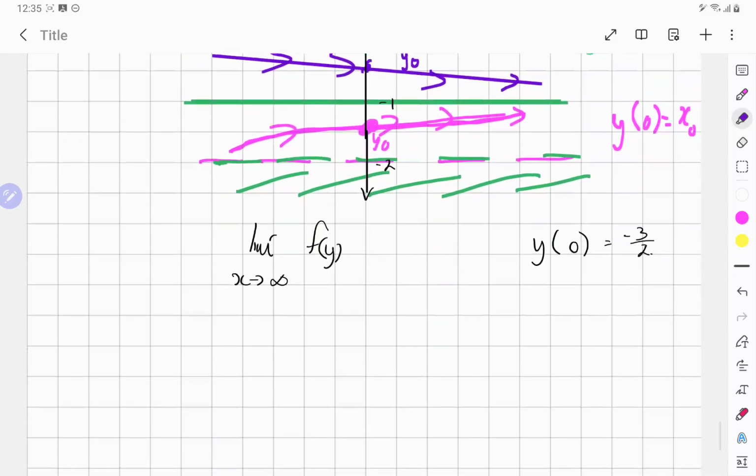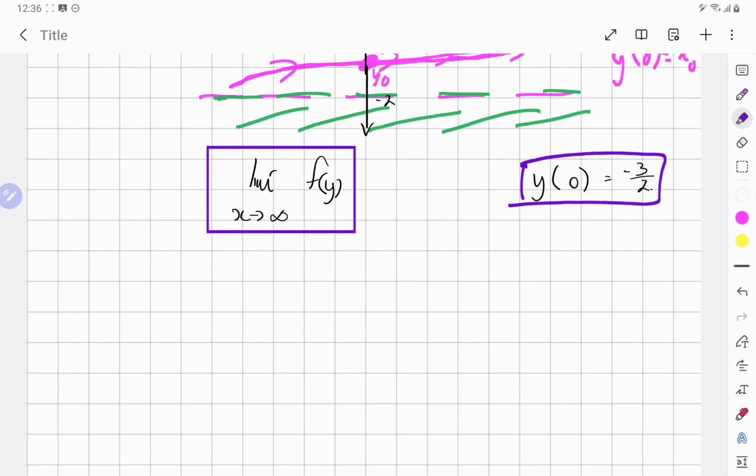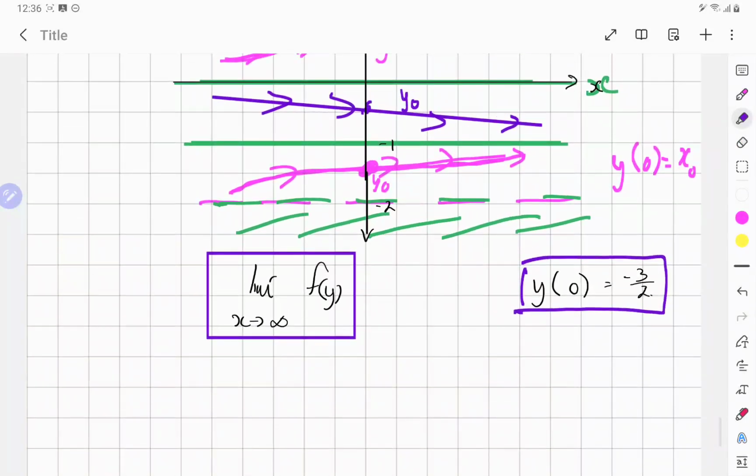Now what they like to ask in tests, they will say, what is the limit as x approaches infinity if y of 0 is -3/2? Now you know 0, -3/2, it will be around about here, because here we have -2, -1, -3/2 between there.